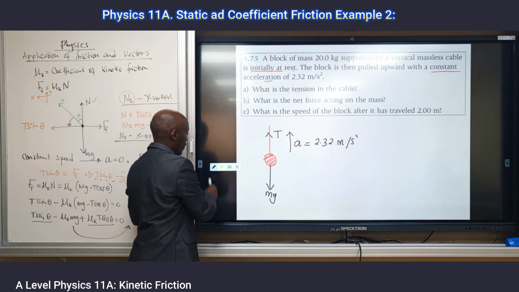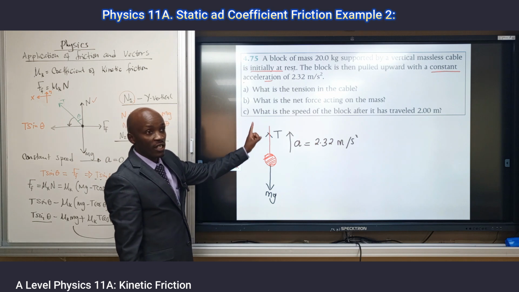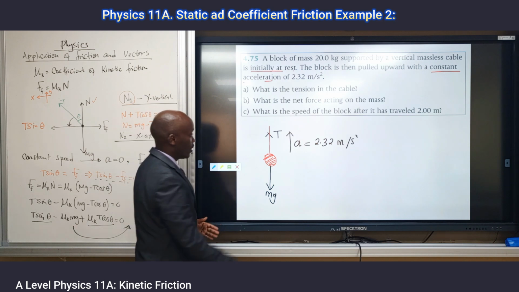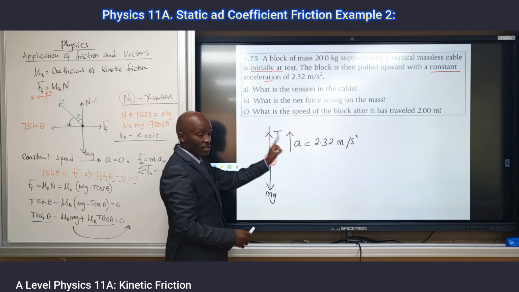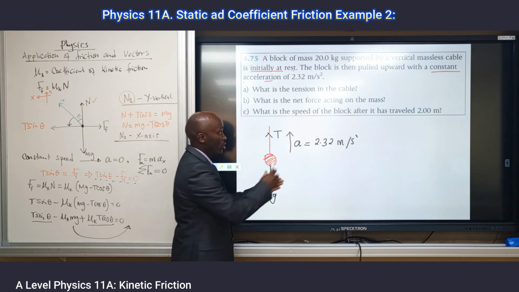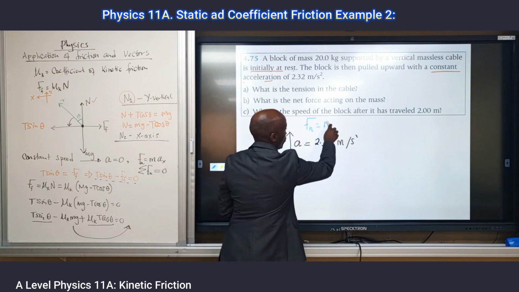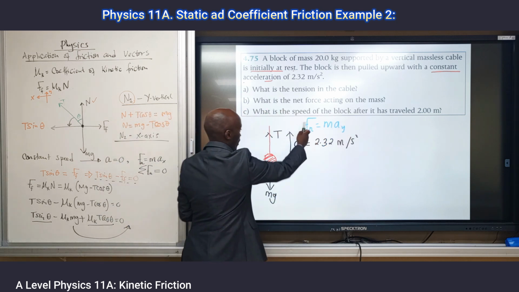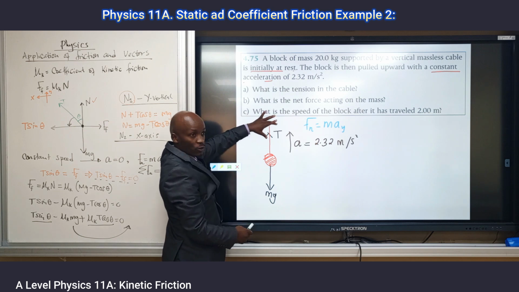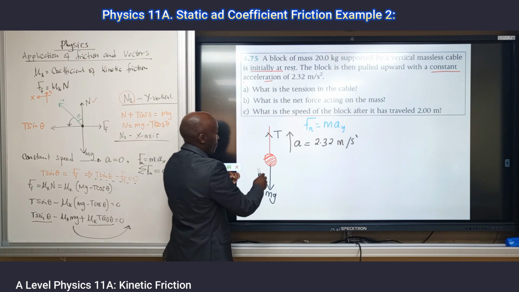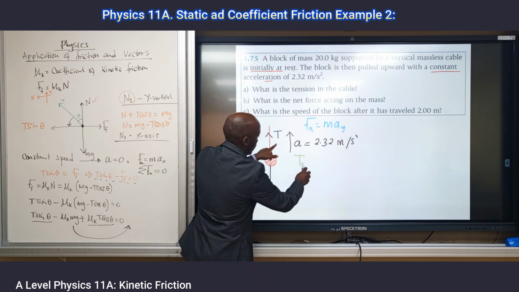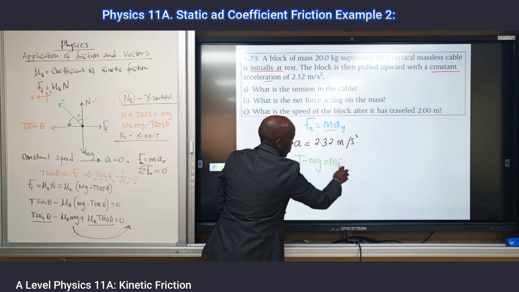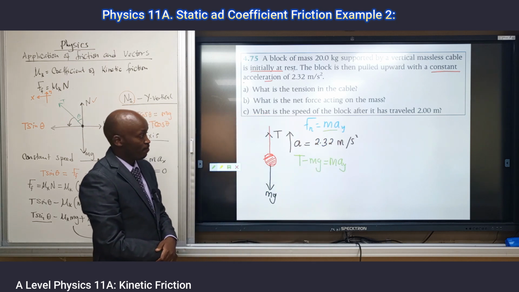So the first part of this question: what's the tension in the cable? We just apply Newton's laws of motion. Because it's moving up, there's an acceleration. So Newton's second law: F net must equal mass times the acceleration along the y-axis. Since it's moving up, the force upward is bigger, so we have T minus mg equals m a_y.